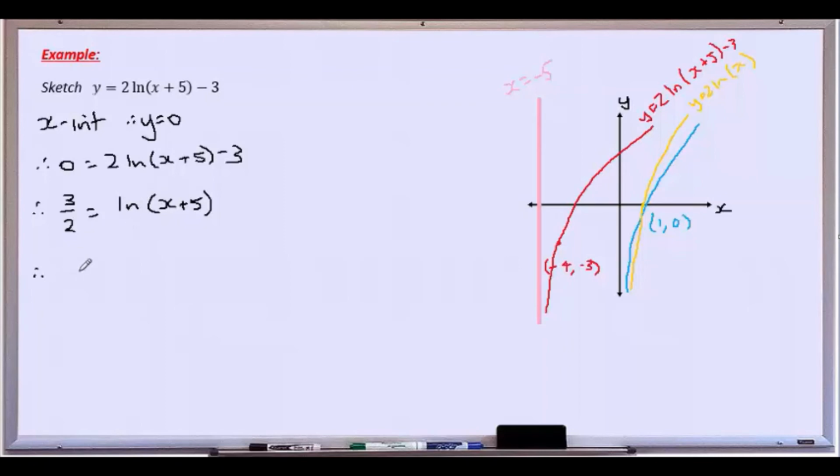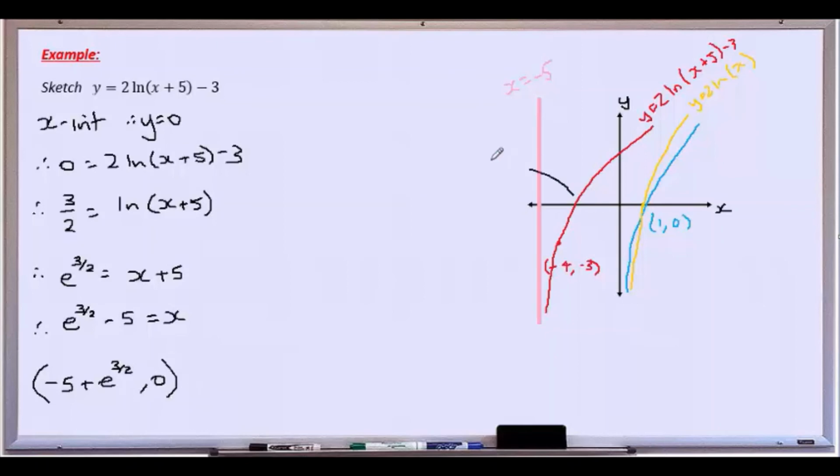Remember, this is natural log, so log of base e. So therefore, e to the power of 3 over 2 equals x plus 5. And therefore, e to the 3 over 2 minus 5 equals x. So my x-intercept will be at -5 plus e to the 3 halves and 0. And I'll write that in here.